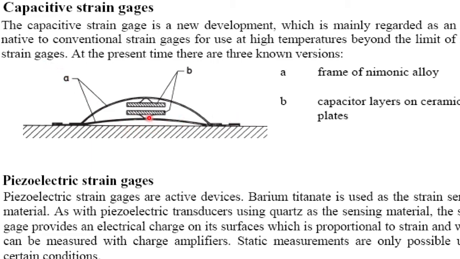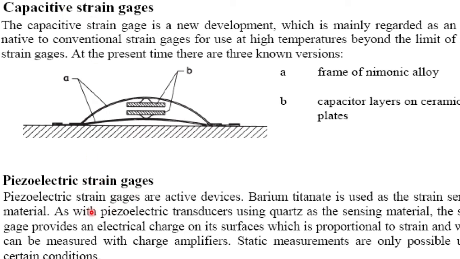You understand that these two plates are attached with two seals of different curvature, and if the ends get stretched or compressed, the gap between these two plates, which are basically capacitor layers or ceramic plates, will change. As this gap changes, the capacitance between them will change, which will be measured in this capacitive strain gauge.